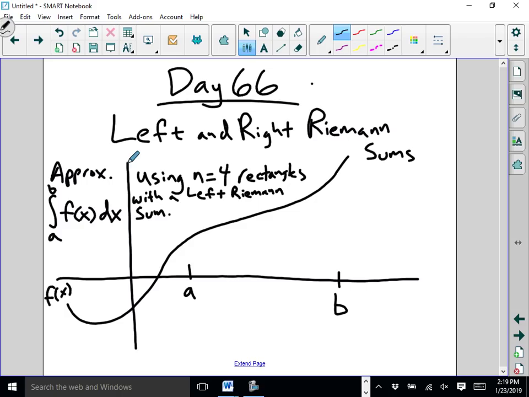So the first thing I want to do is chop up this area between A and B into 4 equal rectangles. I'm going to use a different color here. So I want 4 equal rectangles. I know one rectangle we're going to have at the beginning and the end. So for 4 equal ones, I draw one right the best I can in the middle, and then cut both of those in half.